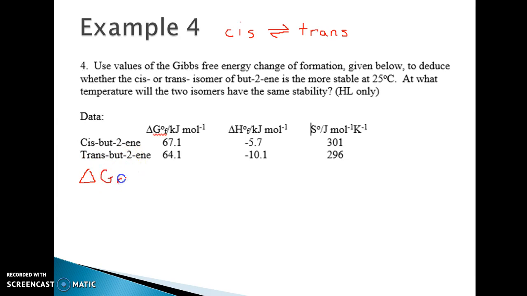To figure out the delta G of the reaction, I'm going to use that formula we just had on the last slide. So I'm going to add up all of my delta G's of formation of my products and subtract all of the delta G's of formation of my reactants.